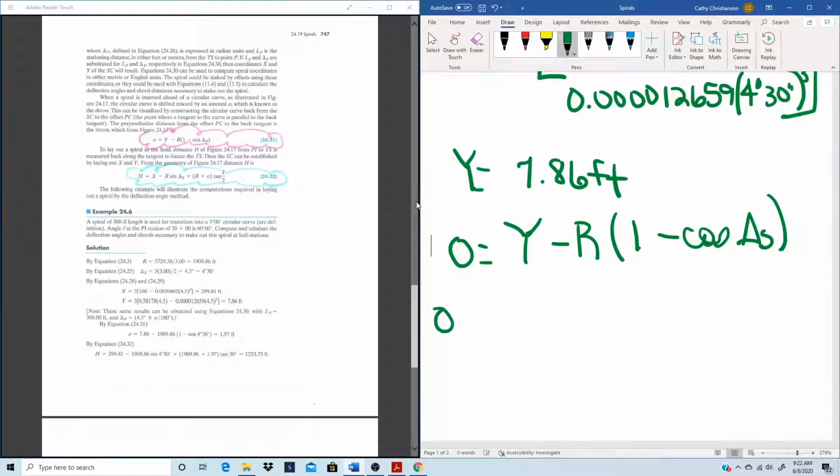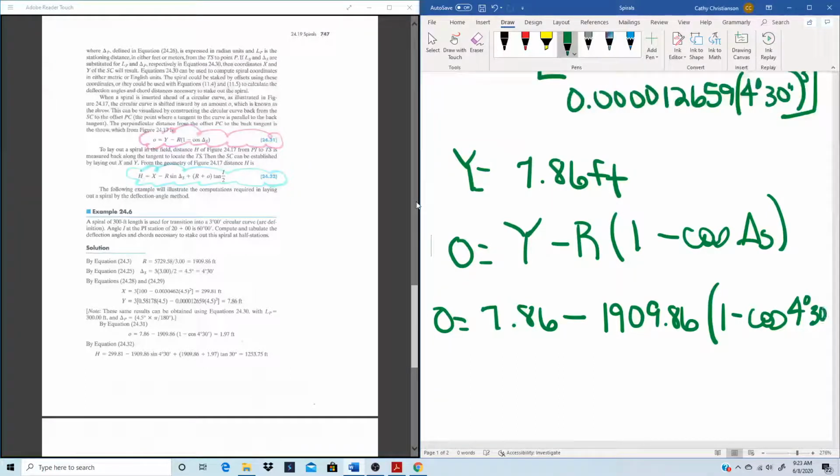So throw equals 7.86 minus our r. And the r we solved was 1909.86. And then 1 minus, and then cosine of our theta, our spiral, which is 4 degrees 30 seconds.